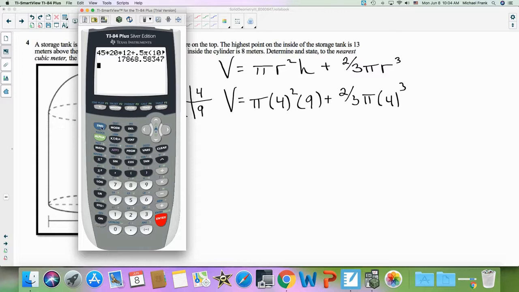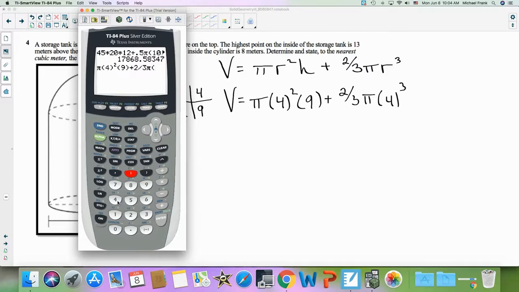So here we go. Second pi, 4 squared, being very technical here by getting this all in the parentheses. Okay, so that's pi r squared h, there's our cylinder, plus 2/3 our hemisphere, pi as well.